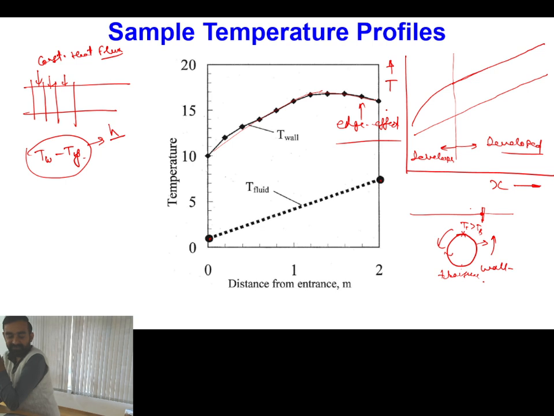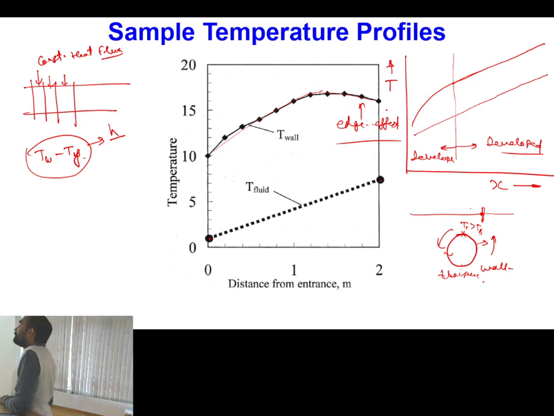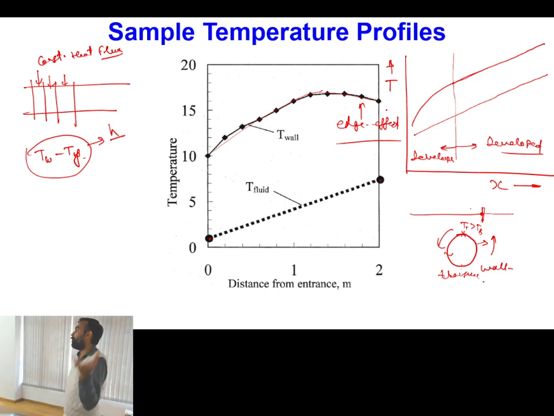Another issue is, if you put a large number of thermocouples into the pipe, then these will be creating disturbances, and the flow will not stay fully developed. So that's why for measurement of temperature we have put thermocouples only at inlet and outlet, and in between we can make a good linear approximation of the temperature profile. Is this one clear? So this would be the expected or sample temperature profile.